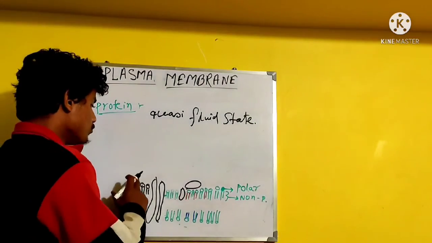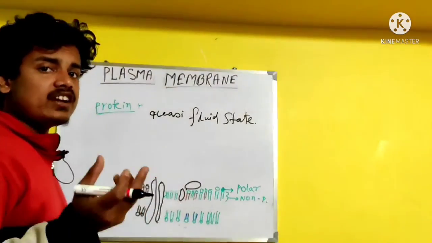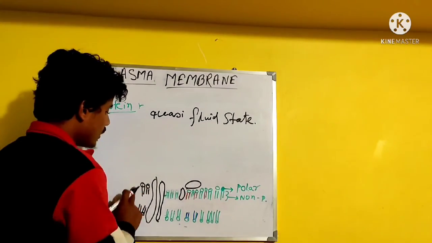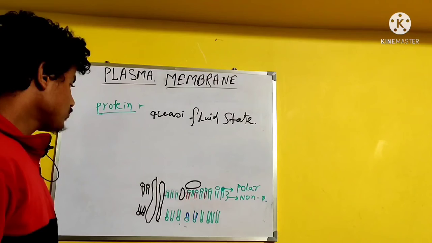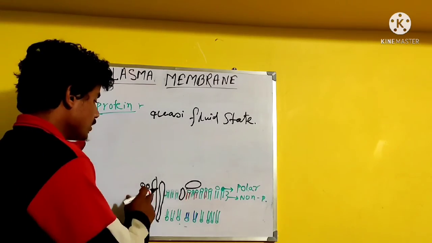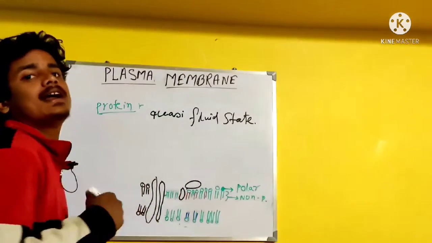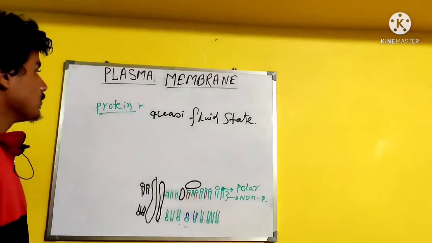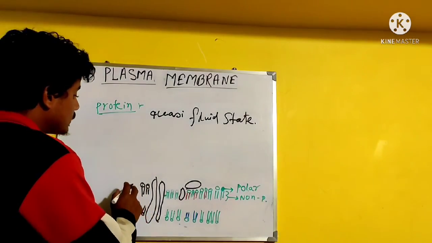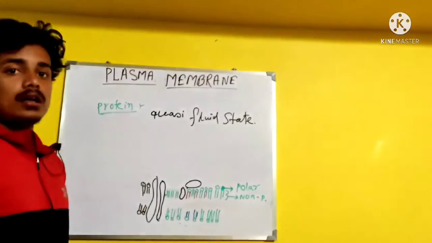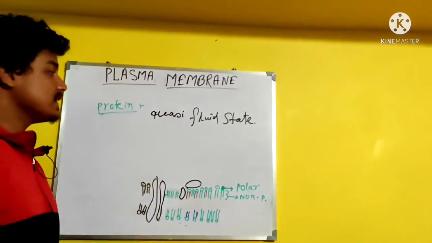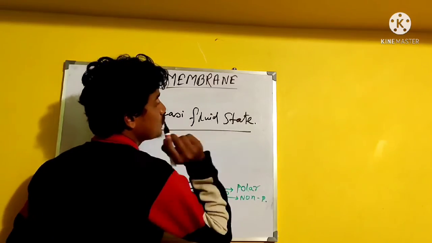It is the mid-range of solid and liquid, and that's why the protein can move through this lipid bilayer. That's why the protein and lipid embedding is known as quasi-fluid state.